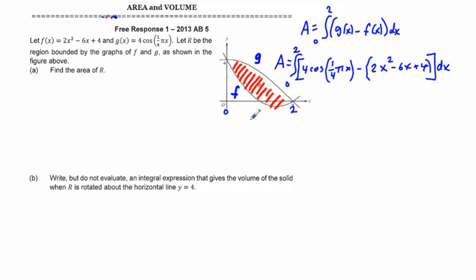And if we were on the calculator portion of the free response, we would be just fine putting this in the calculator, but we cannot do that since this is a non-calculator problem, so we need to actually integrate this.